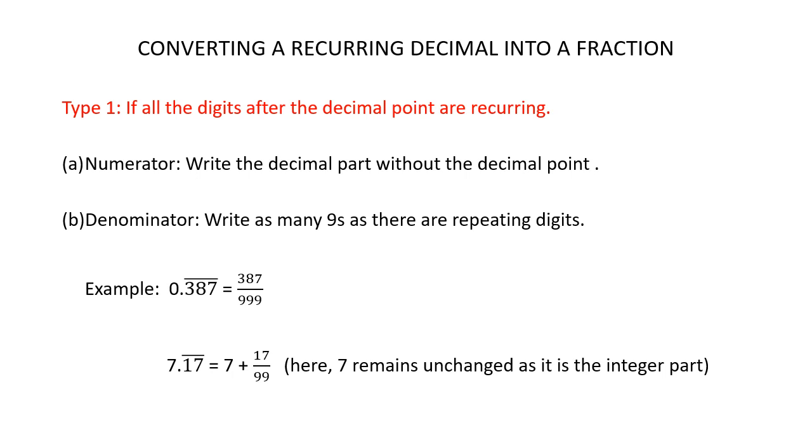Here there are two repeating digits, 1 and 7. So write 2 nines in the denominator, that is 99. So the fraction is 17 by 99. 7 is the whole part and 17 by 99 is the fractional part. So 7.17 where 17 is repeating can be written as the fraction 17 by 99.